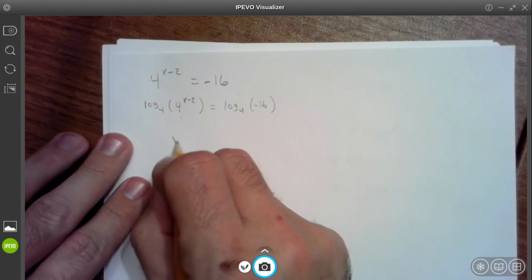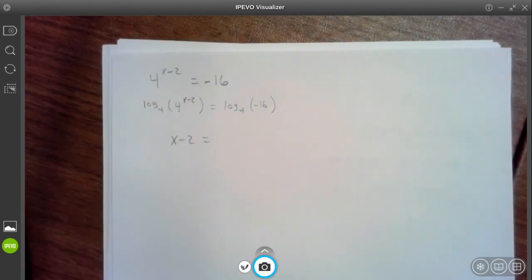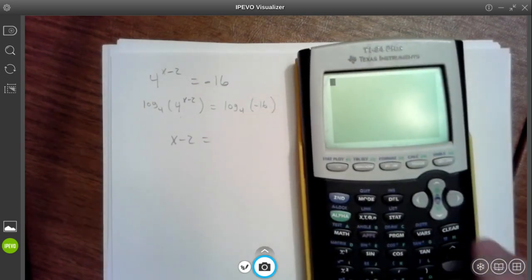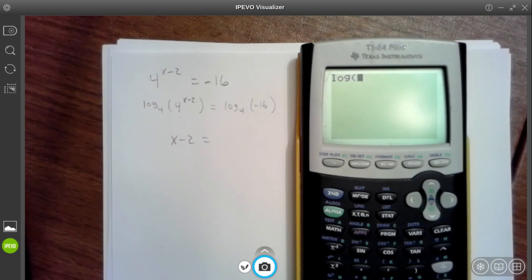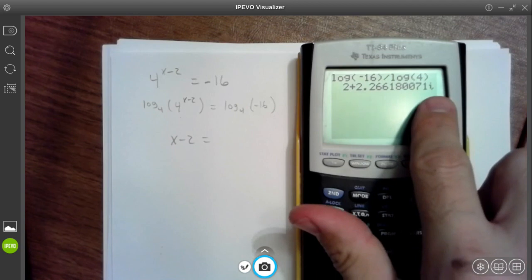The left-hand side, you get x minus 2. When you try to evaluate the right-hand side, though, it's going to give you some issues. All right, you would have to do log negative 16 divided by the log of 4 using the change of base, and you're going to get this wild, weird-looking answer with an i.